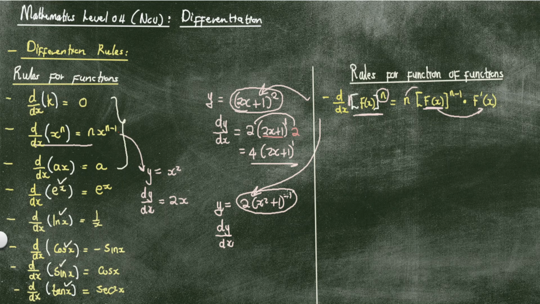I'm going to take the minus 1 times that 2 as a total, giving minus 2 in bracket x squared plus 1. Then I take whatever is inside the bracket, differentiate and multiply. The derivative of x squared plus 1 is simply 2x. So this multiplied by that gives us minus 4x in bracket x squared plus 1.